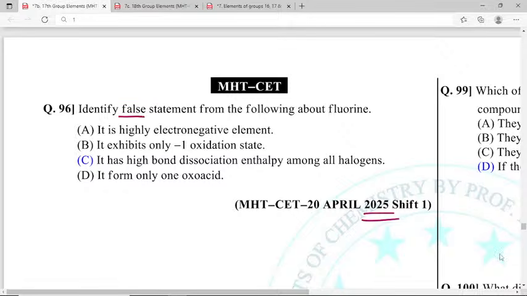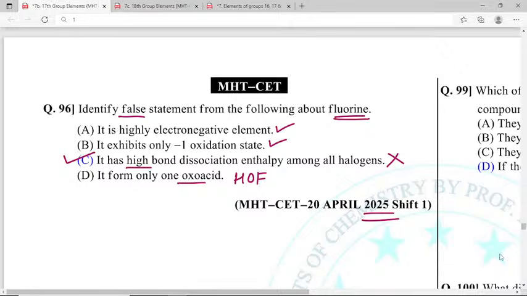Identify the incorrect statement about fluorine. Fluorine is a highly electronegative element. Correct. It exhibits only -1 oxidation state. Correct. It has high, no, it has low bond dissociation enthalpy. This is incorrect, so this is your answer. It forms only one oxoacid, HOF.